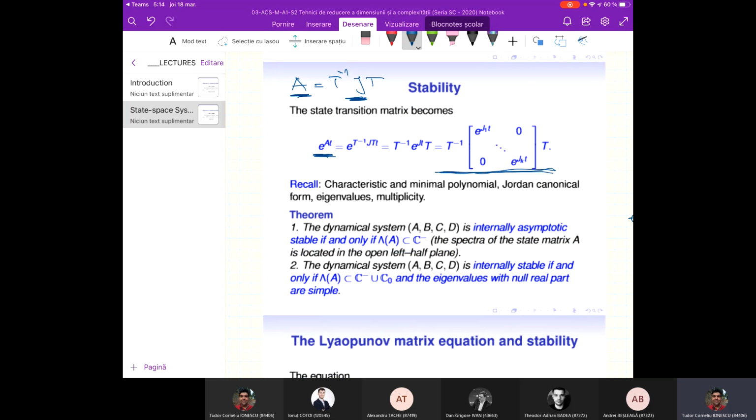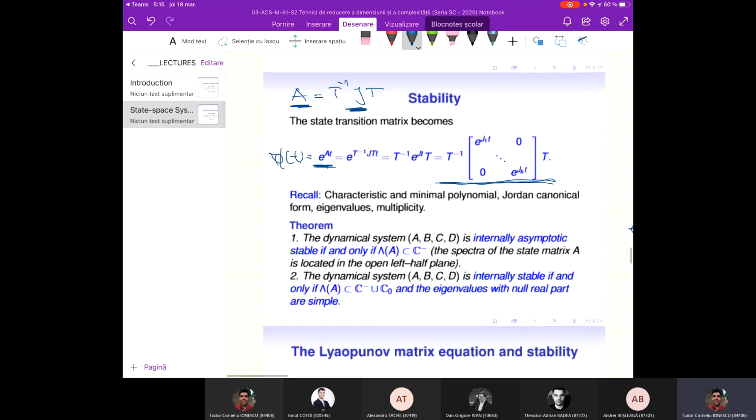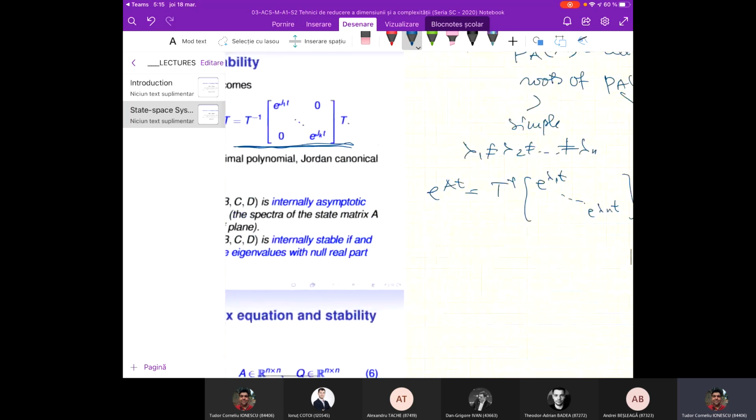So we can see that phi of t is highly related to the eigenvalues of the matrix A. It's essentially computed based on the eigenvalues of A. So phi of t is going to 0 if the eigenvalues satisfy some property. Let me remind you another fact.